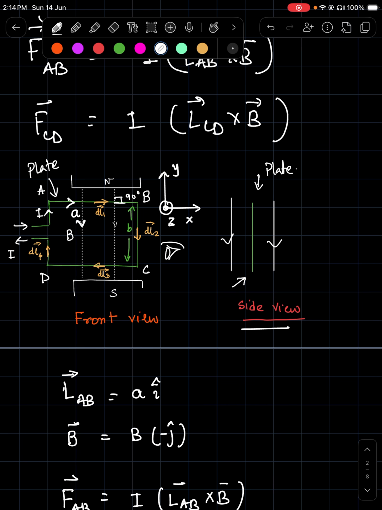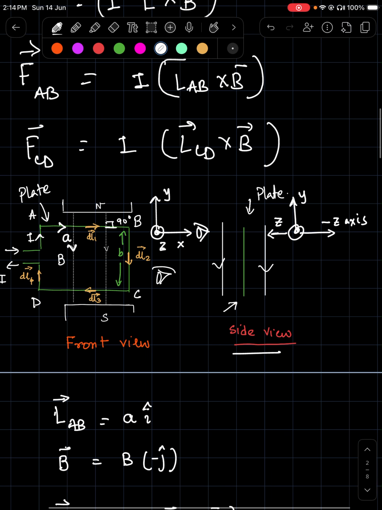It can be seen very easily in the side view picture. Since you are looking from this side, the x-axis is pointing towards you. This is the y-axis, and since the z-axis in the front view is pointing towards you, that means the z-axis is along the left side, and on this side, this is the negative z-axis.